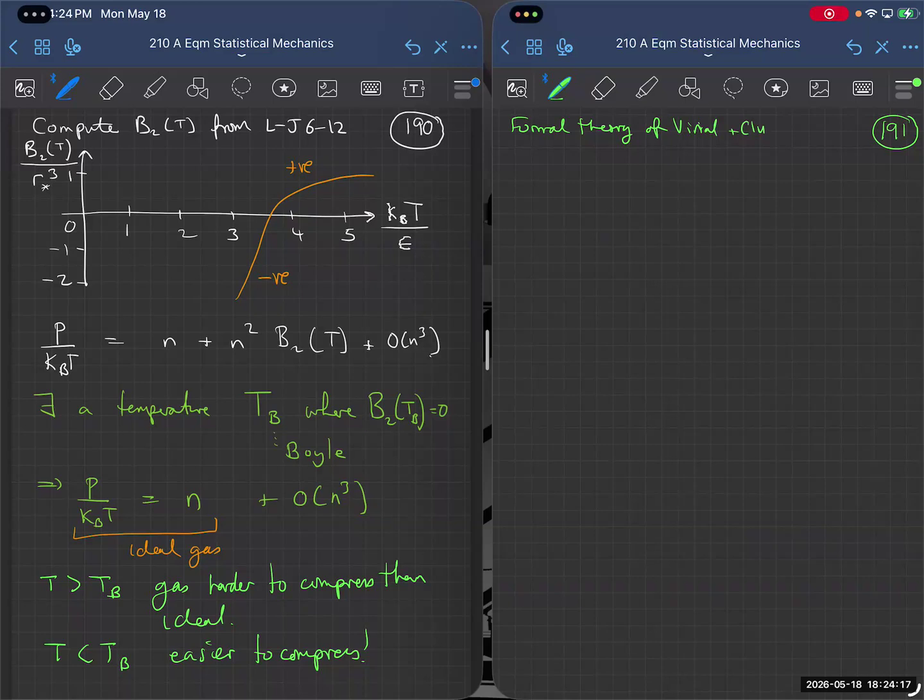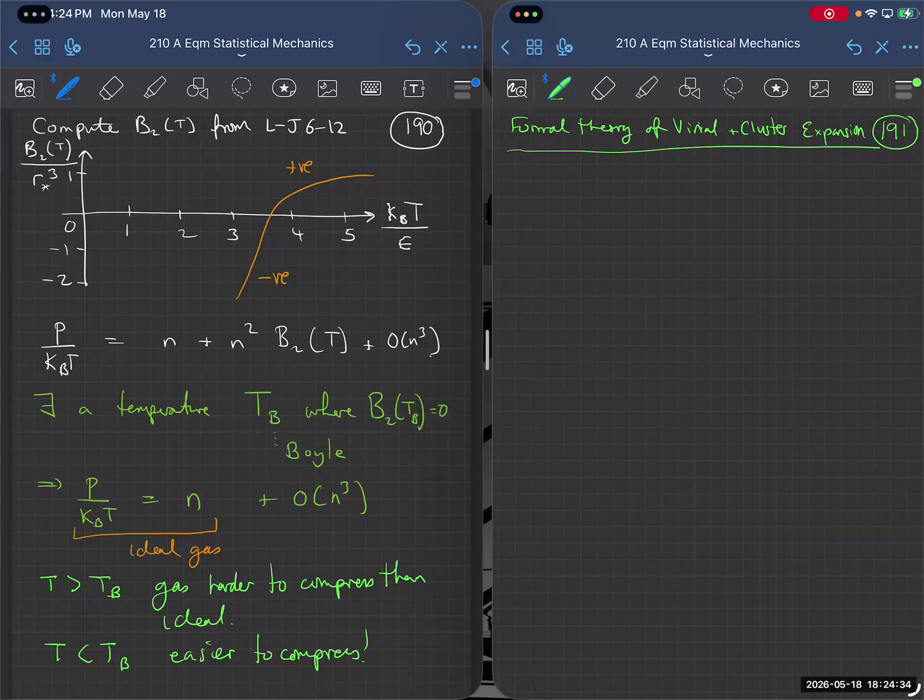And there's another expansion called the cluster expansion. So you should know that it exists, and it exists in all areas of physics.